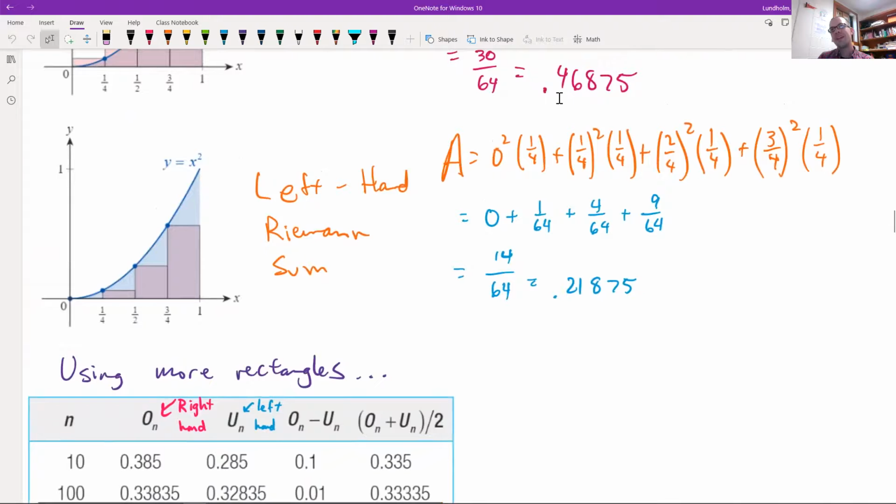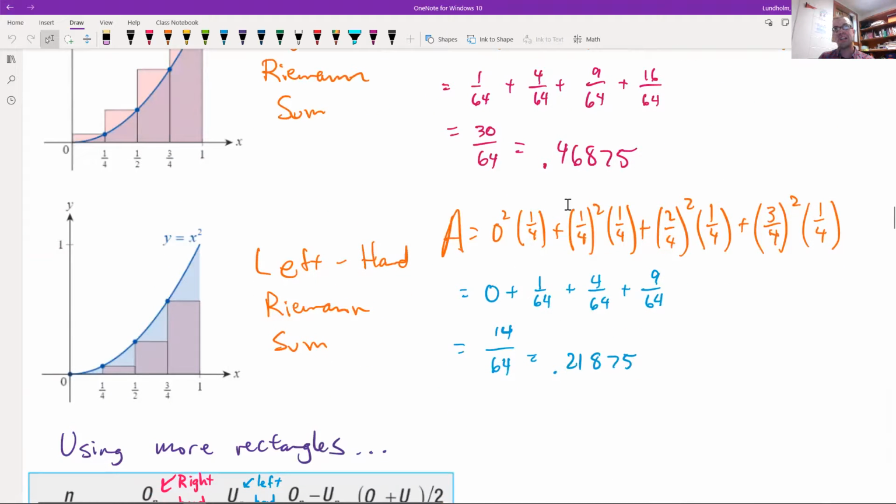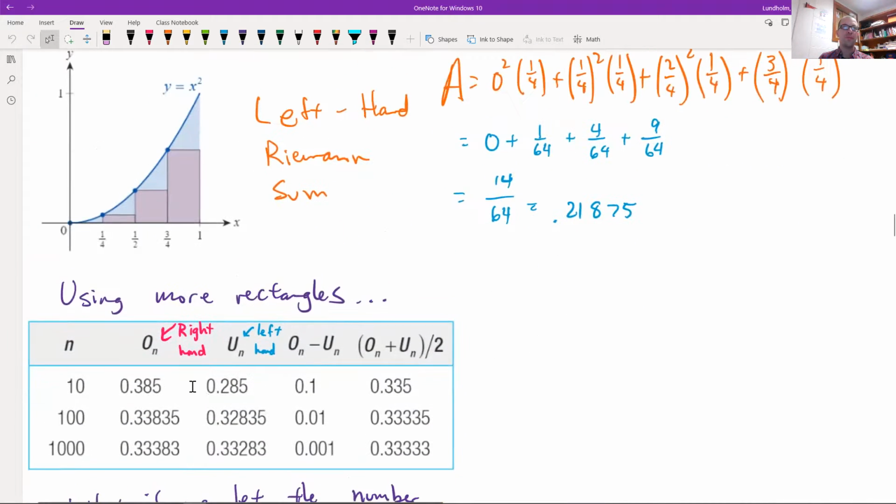So up here, when we just used 4 rectangles, the difference was about 0.25-ish. Actually exactly 0.25. So about a quarter different. And notice how the difference between the overestimate and the underestimate continues to shrink as we increase the number of rectangles. So here we're using 10, 100, 1,000 rectangles for this entire time.